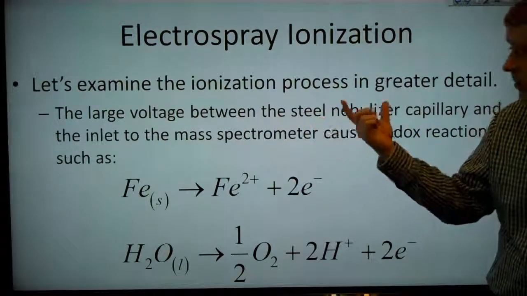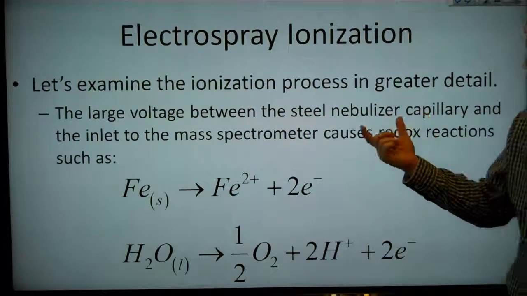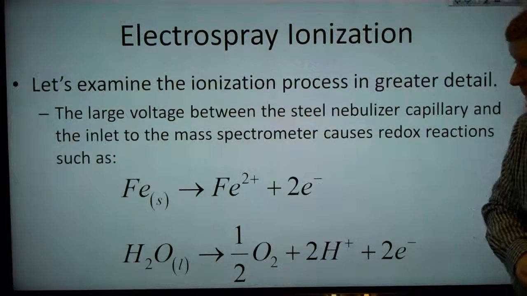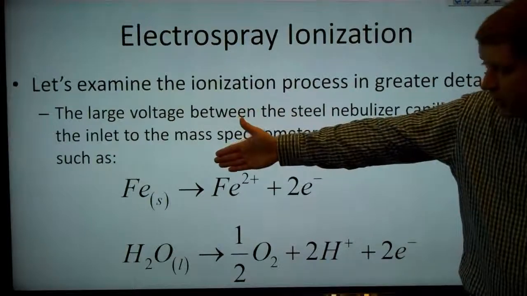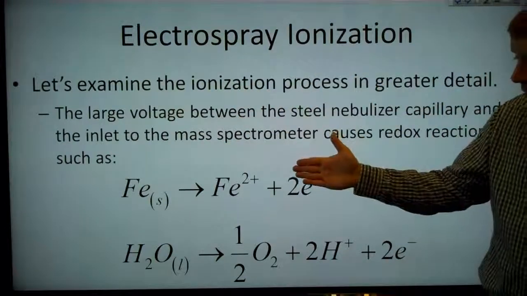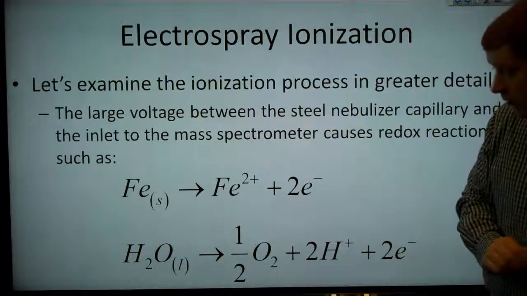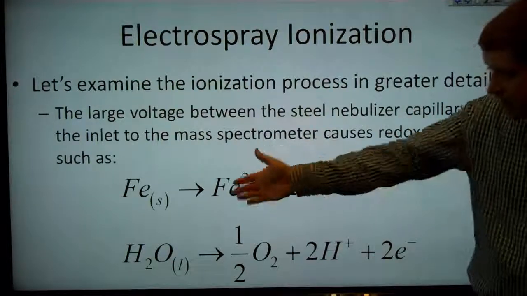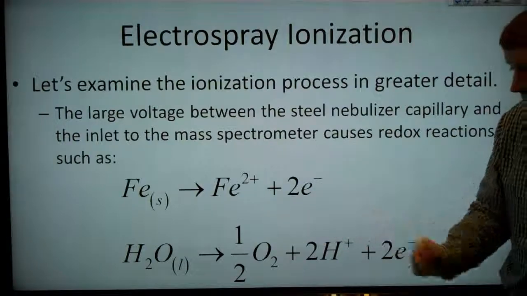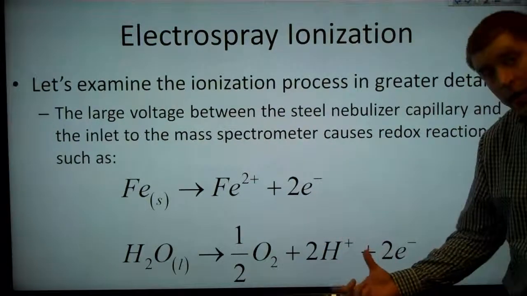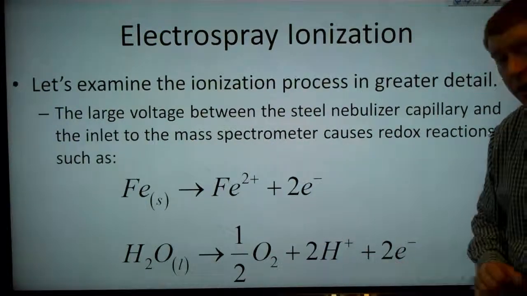The large voltage between the steel nebulizer capillary and the inlet to the mass spectrometer causes redox reactions to occur, such as iron solid being converted into iron 2+, and 2 electrons come out. We have H2O liquid, so water, gets converted into oxygen gas and hydrogen ions plus some electrons.